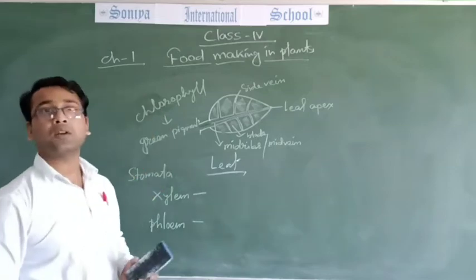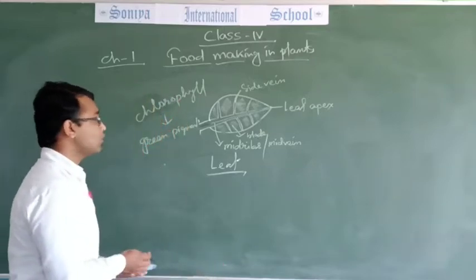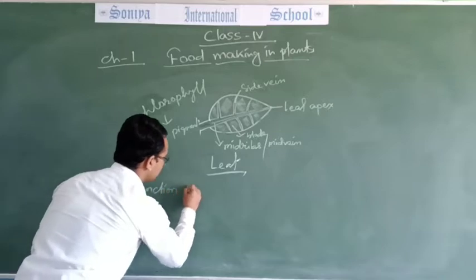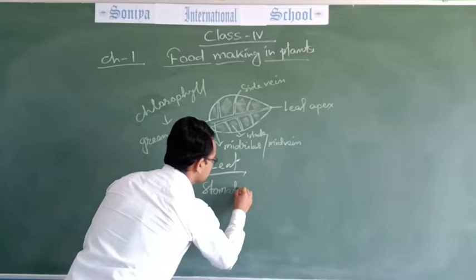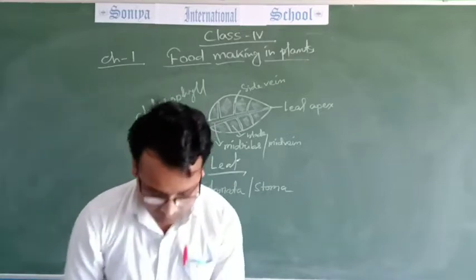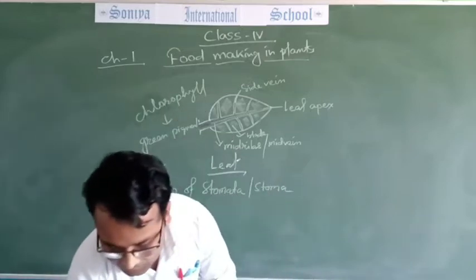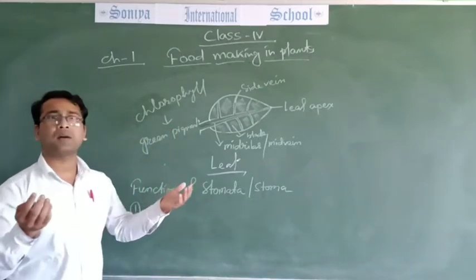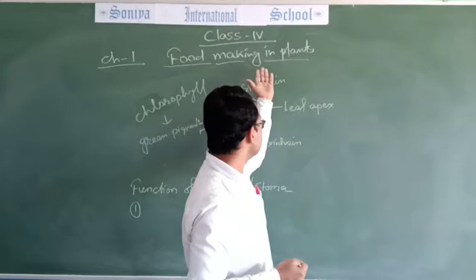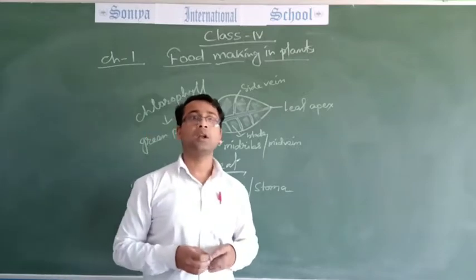Next, the function of stomata or stoma. Number 1, stomata help in the exchange of gases: taking in carbon dioxide for making food, and giving out oxygen for humans and animals.